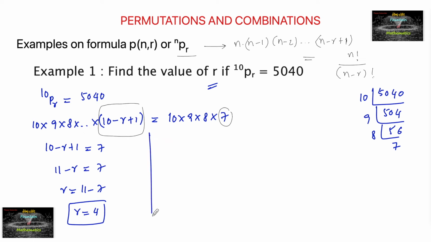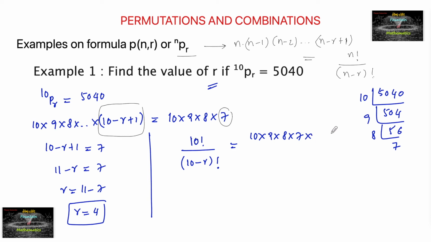Or this can also be done as, since we have 10Pr, it is nothing but 10 factorial upon 10 minus r factorial we can write. Which is equal to 5040, nothing but 10 into 9 into 8 into 7. So what else is required to get the 10 factorial?